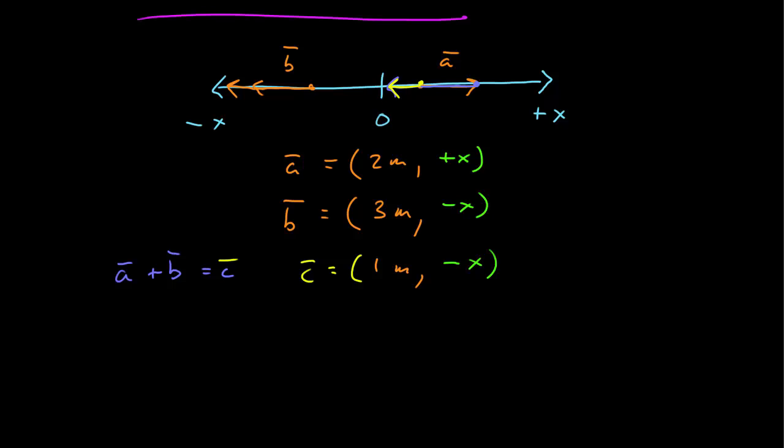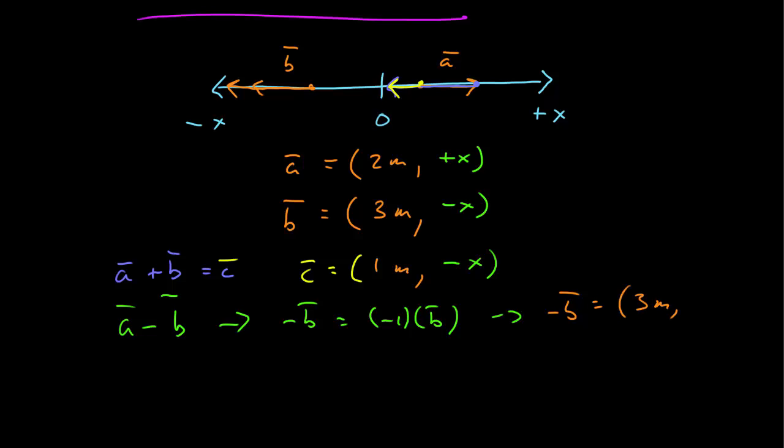Let's say I want to do A minus B. To do that, I need to find minus B, which is negative 1 times B, which is just B flipped in the opposite direction. Minus B has a magnitude of 3 meters and points in the positive x direction.